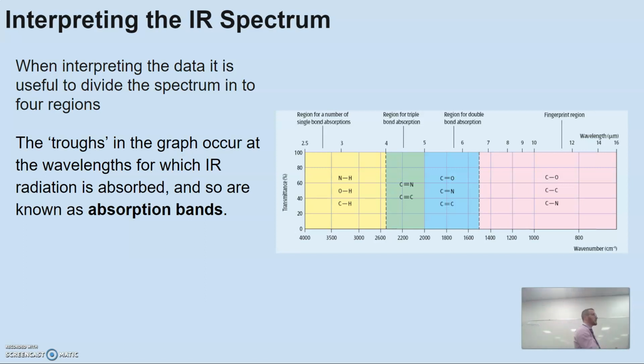So we've got strong, medium, weak amounts of stretching. We can talk about the breadth of the peak. Is it a broad peak? Is it a narrow peak? So its position, its strength, and its breadth.